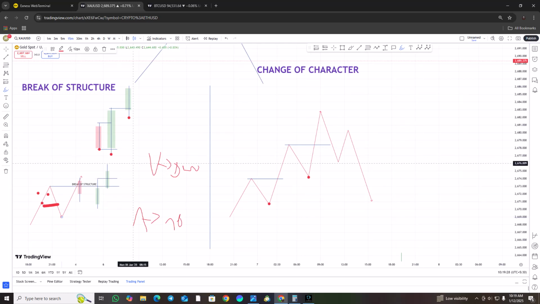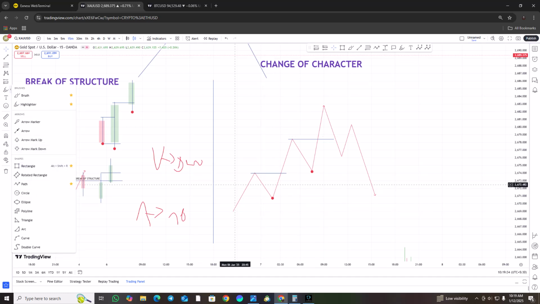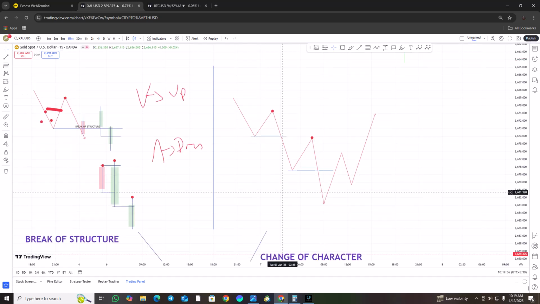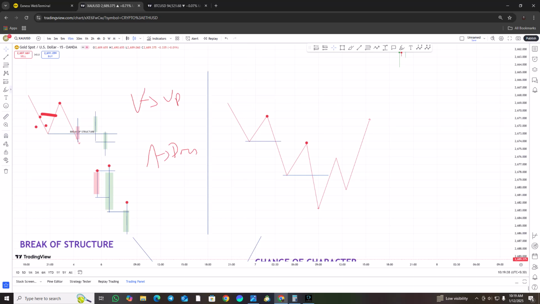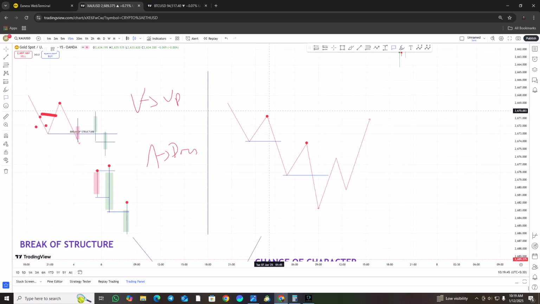You know, I will tell you this. The highs in the bearish momentum are called strong highs. Not ice, high, H-I-G-H. Strong highs.